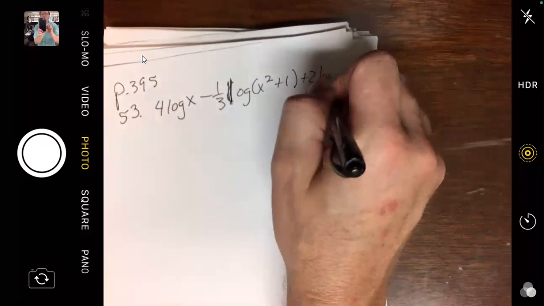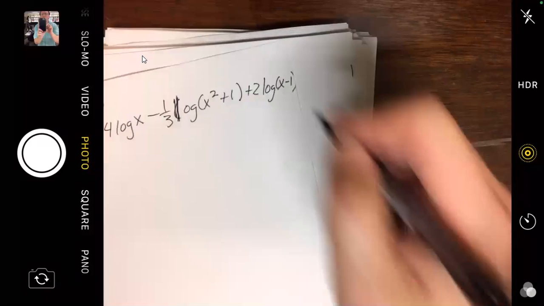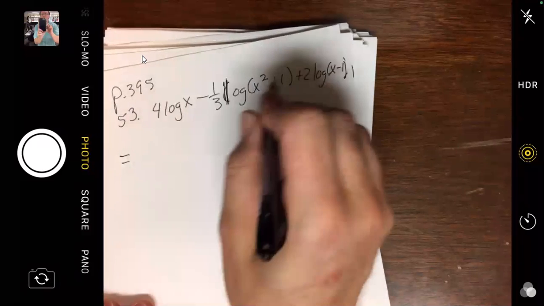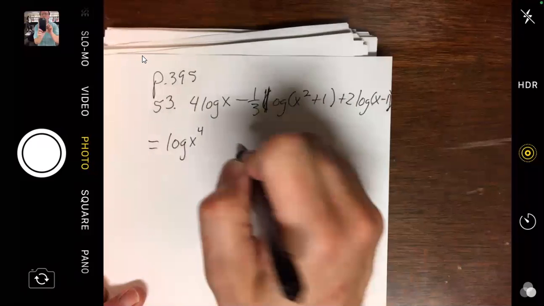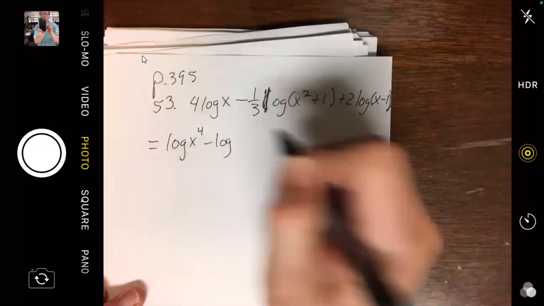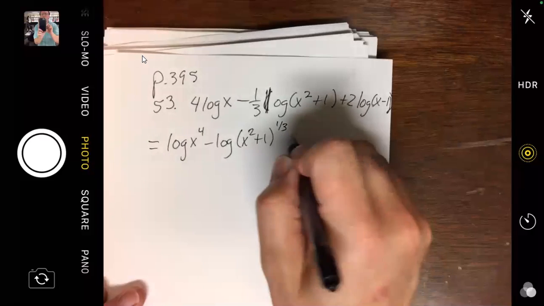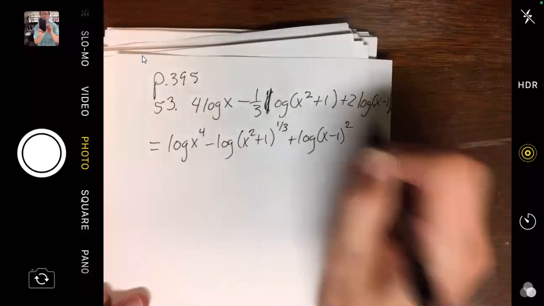This looks familiar. I might have picked this out on Monday. I can't remember. Okay. Well, you're going to put your numbers up as powers. Log of x to the 4th minus log of your x squared plus 1 raised to 1/3, and add log of x minus 1 squared.